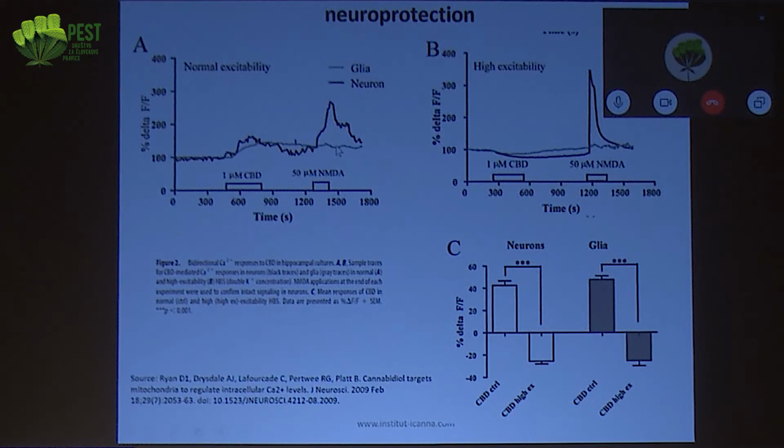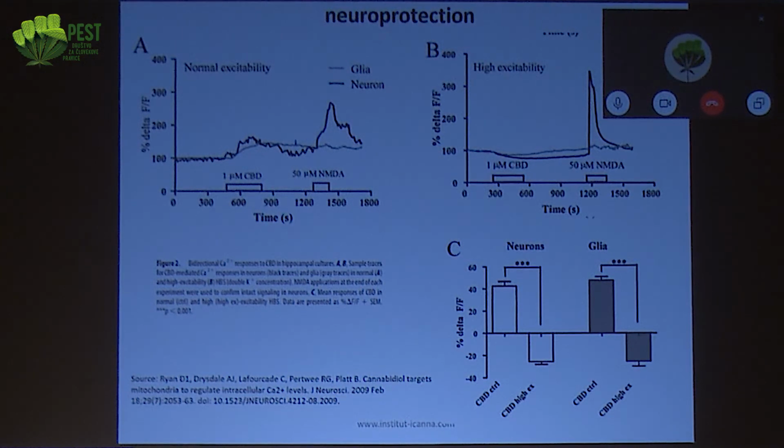But if they took highly excited neuron cells, so cells with a huge amount of excitability and a huge amount of activity, and gave them CBD, the neurons started to come back to biochemical balance. They weren't so highly excited anymore and didn't produce so many neurotransmitters anymore.